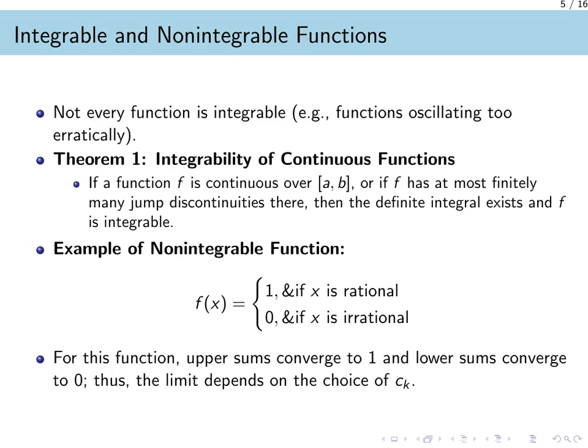However, functions that oscillate wildly, such as a function that equals 1 for rational numbers and 0 for irrational numbers, fail this test. For such erratic functions, the upper and lower sums converge to different values, meaning the limit does not exist. Remember, continuity is a sufficient condition to ensure that a definite integral exists.